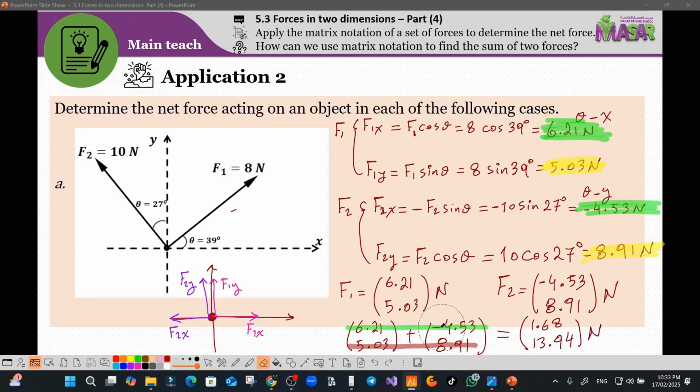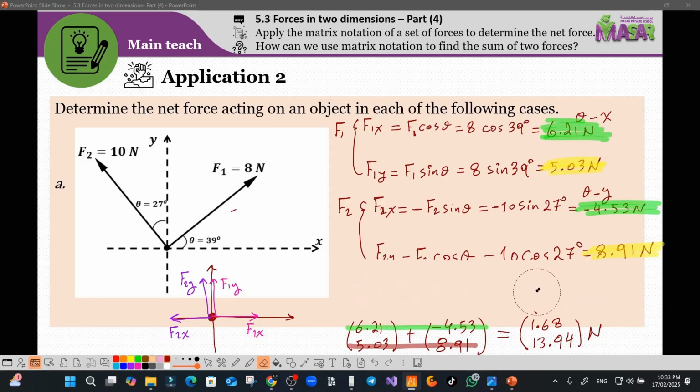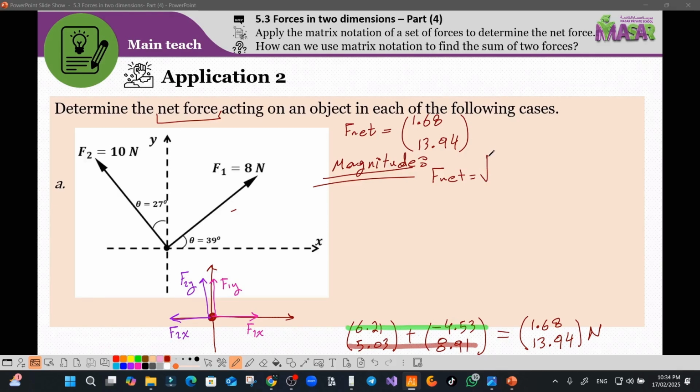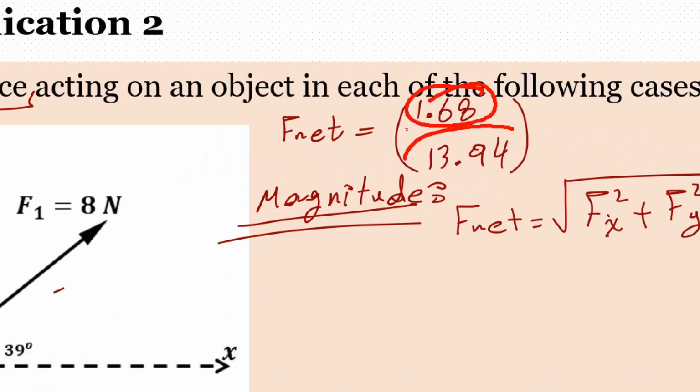Now we have the matrix notation of the F net. We still need to find the magnitude and the direction. So let's start with the magnitude of the F net. Remember that this represents the Fx and this represents the Fy.